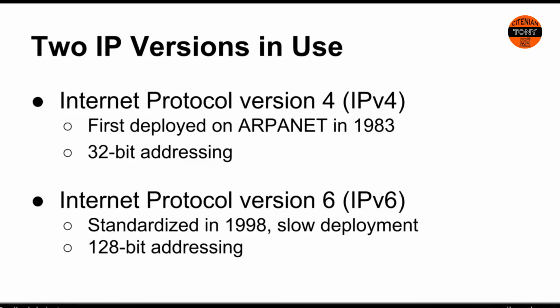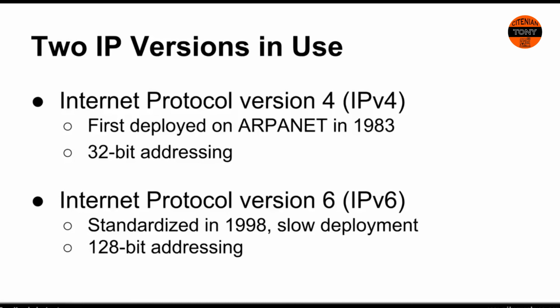It uses 32-bit addressing, which has proved to be limited as the number of devices that we have has exploded. The version of the Internet Protocol that is becoming more widespread today is IP version 6. This was standardized in 1998, but it's only now starting to see widespread deployment, particularly in Asia.